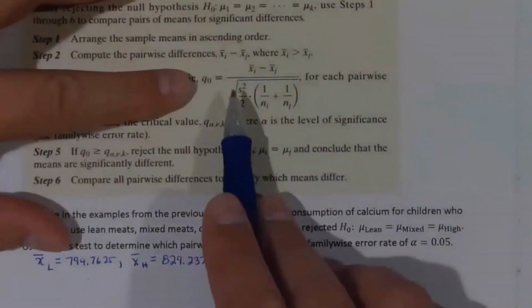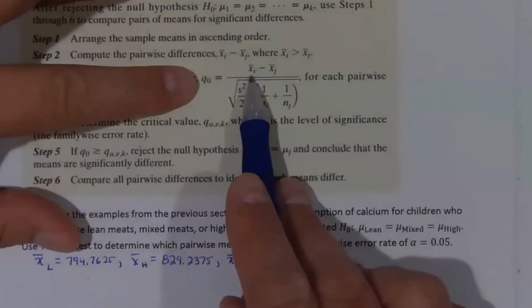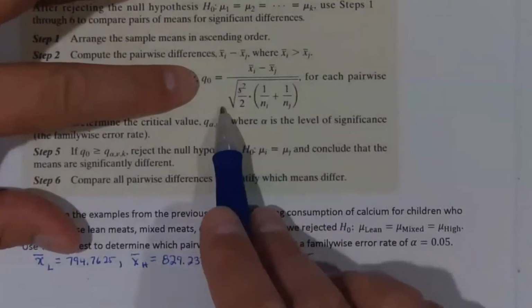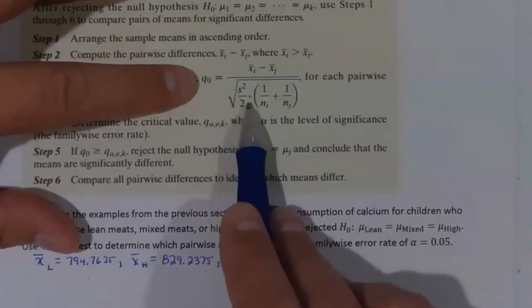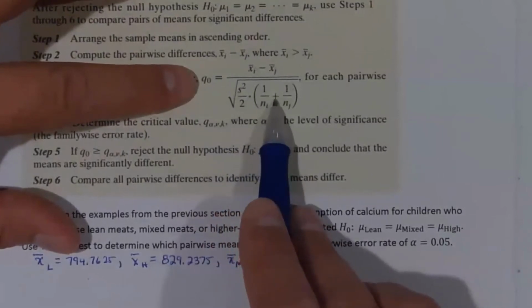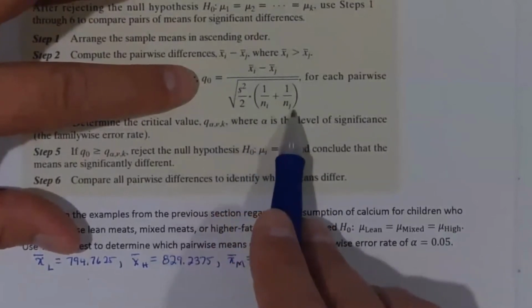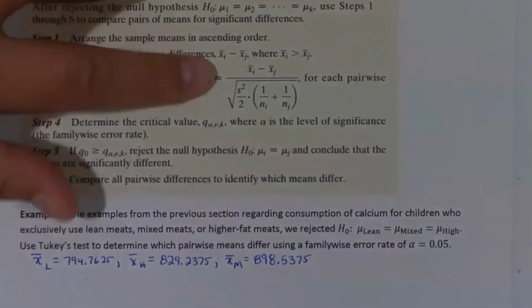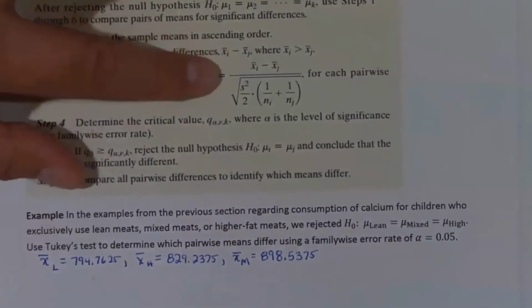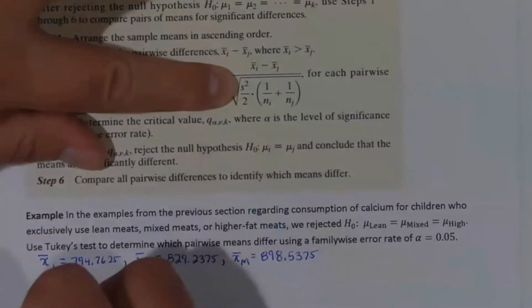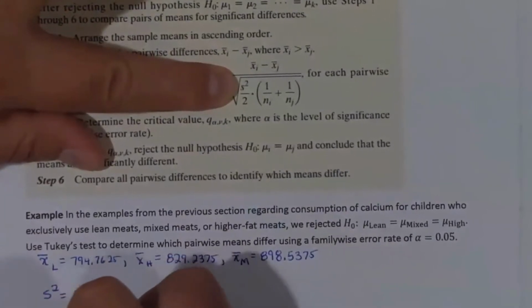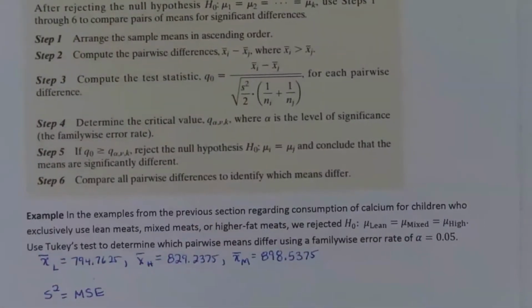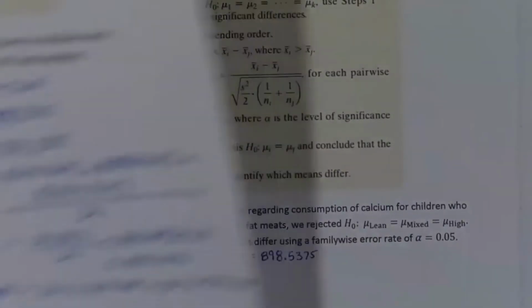The way we calculate that test statistic is we take the difference and divide it by the square root of S squared divided by 2 times 1 over N1 plus 1 over N2, or Ni and Nj. Remember, S squared is the MSE, the mean squared due to error, and we calculated that back here.